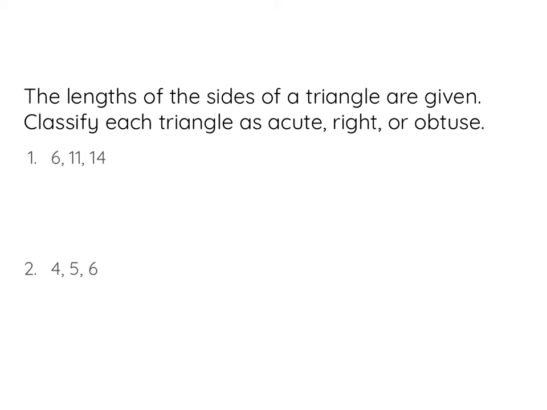Now this is where we're going to have to use those inequalities to classify the triangles. So we're saying, are they acute, right, or obtuse? I'm going to compare, again, the largest side is always C. So I'm going to look at 6 squared and 11 squared, and compare that to 14 squared.